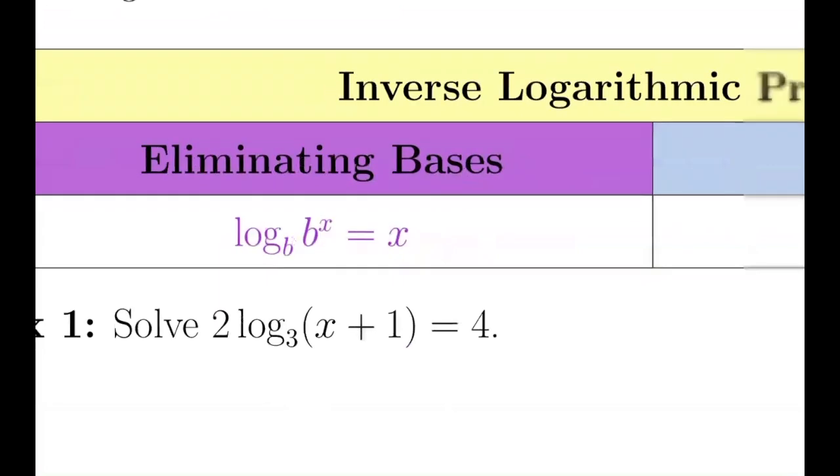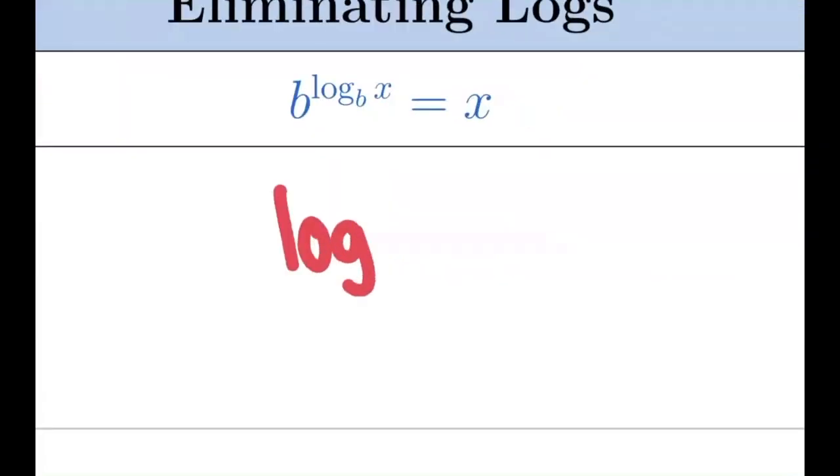And if you have log base b of x and you want to get rid of the log base b, you need to exponentiate the log base b of x using base b. That's a fancy word, exponentiate. It just means that you're raising to an exponent with a base of b.